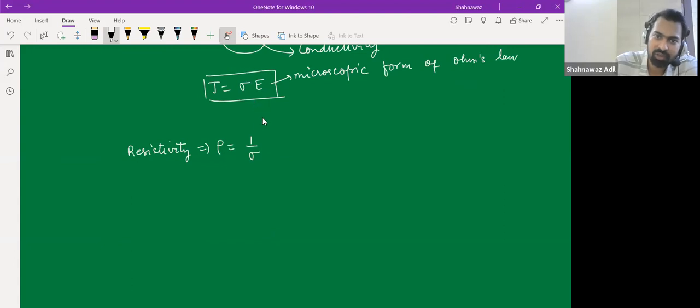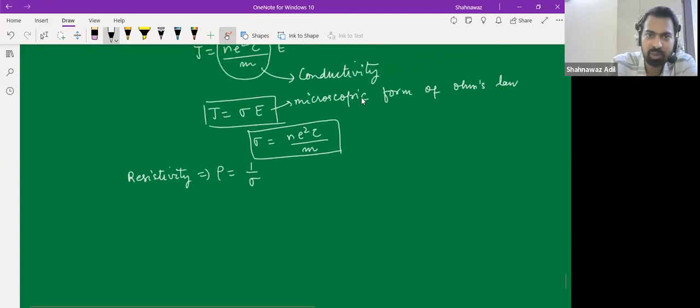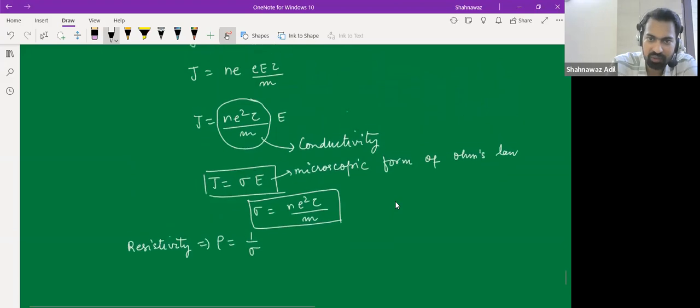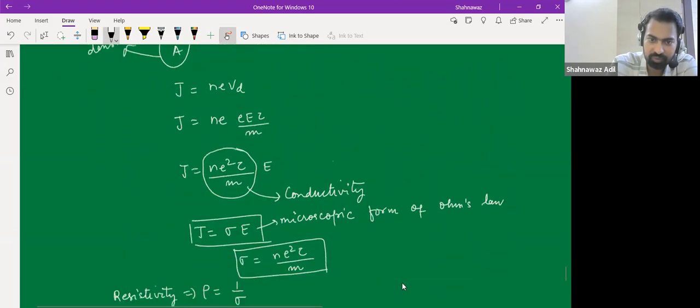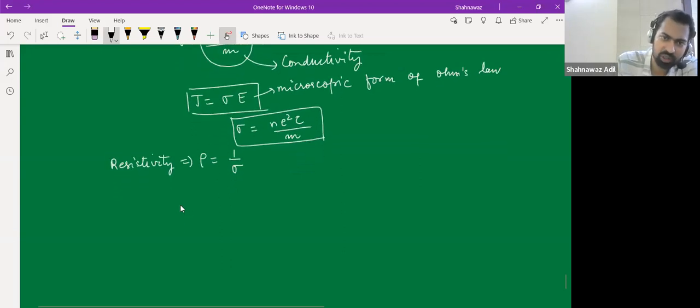And we know what the value of sigma is. So sigma is n e square tau by m. So this resistivity would be 1 by sigma, which is m by n e square tau.